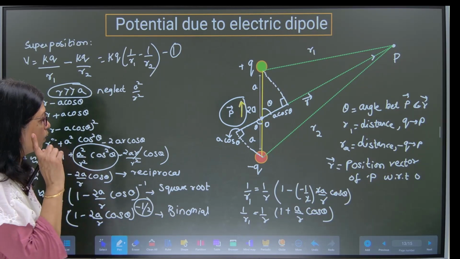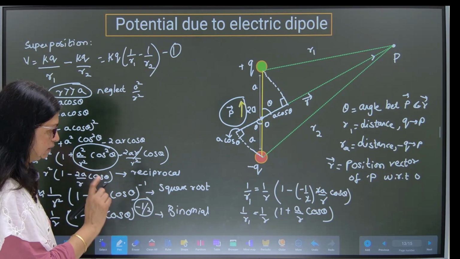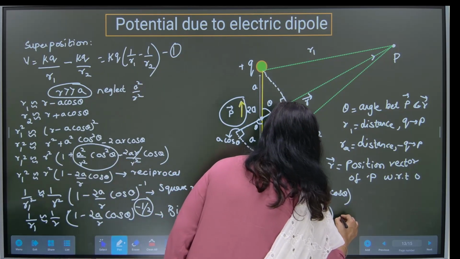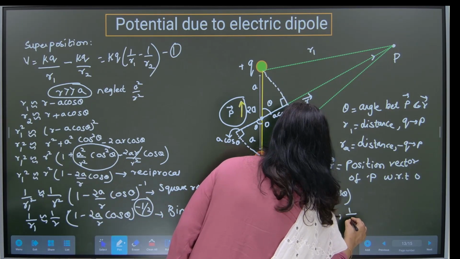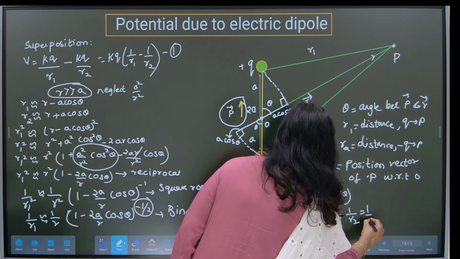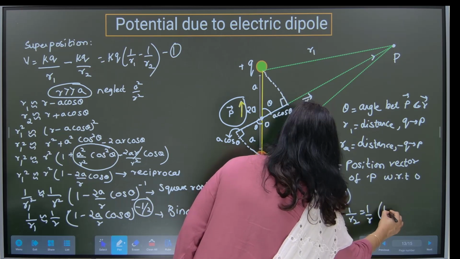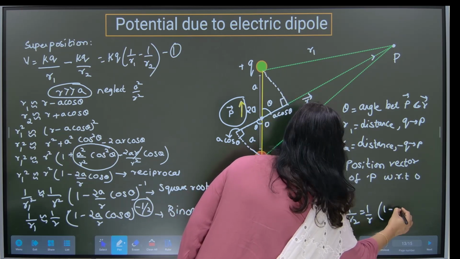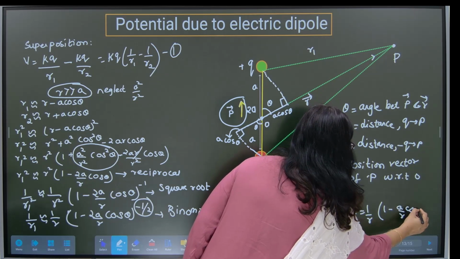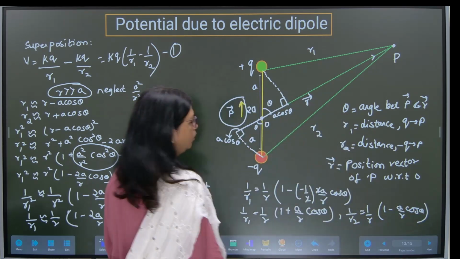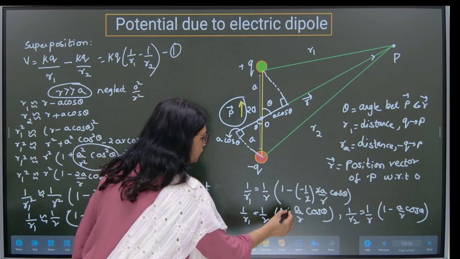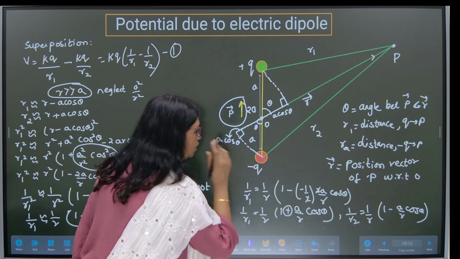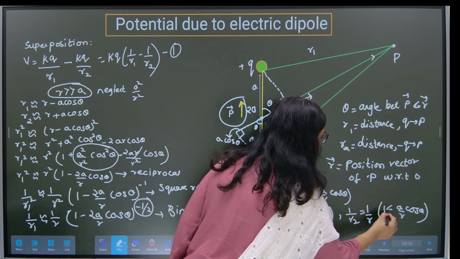Now continuing the same maths, I will also get 1 upon R2 is equal to 1 upon R times 1 minus a upon R cos theta. Here I have a positive symbol, so here I will have a negative symbol.